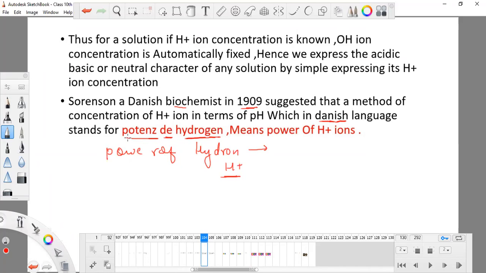So it is in Danish language, and power of hydrogen is in English. So here we are talking about H plus ions.